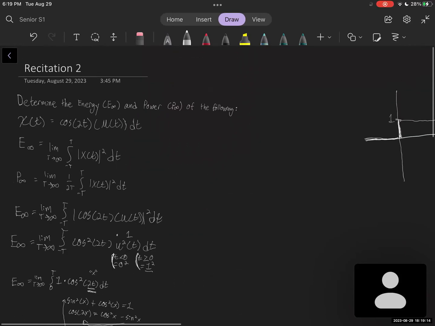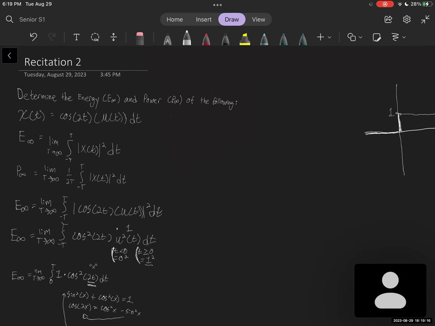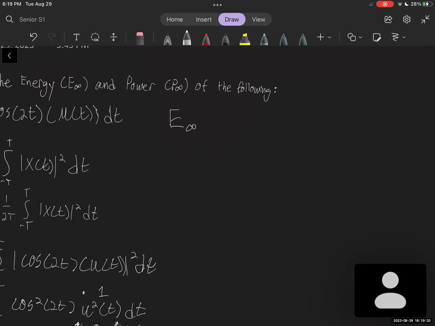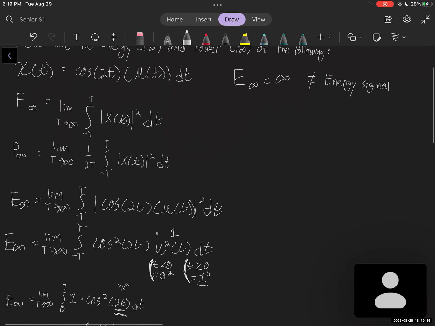So we know that our E infinity is equal to infinity. That means it is not an energy function or an energy signal. Now we have to evaluate power.